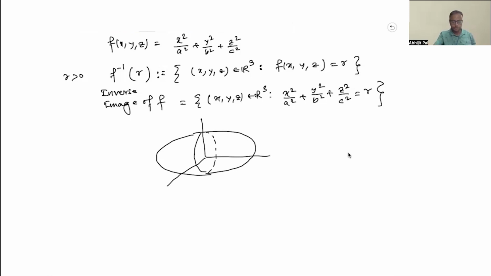Okay, all right. So now our next theorem will be: suppose you take a regular value of the function f, then its inverse image will be a regular surface. Okay. So proposition.